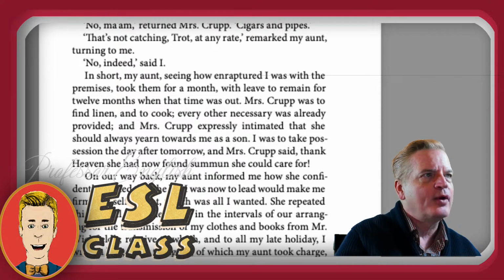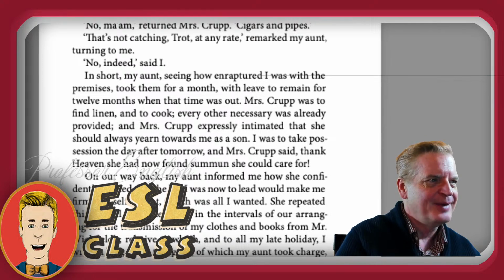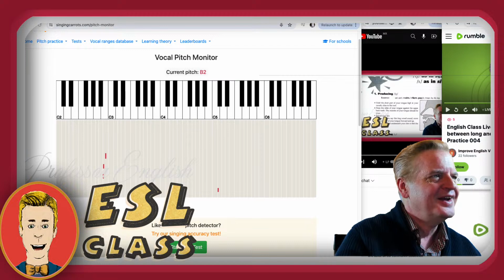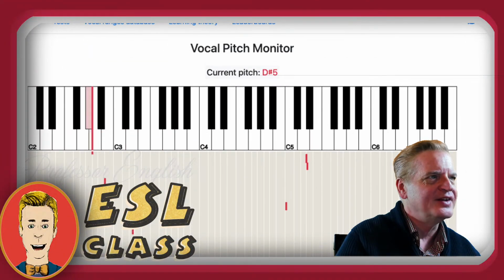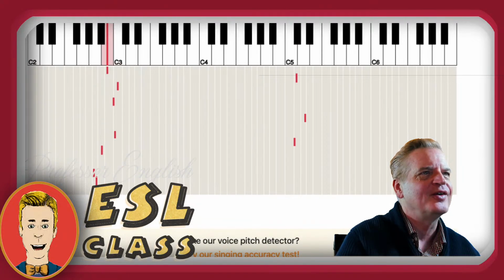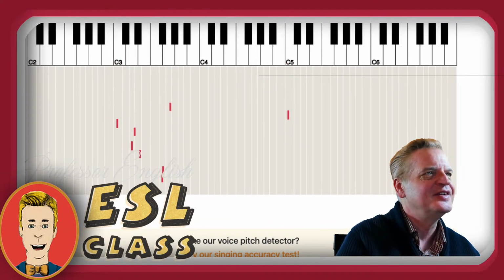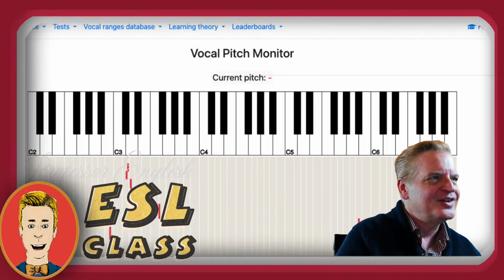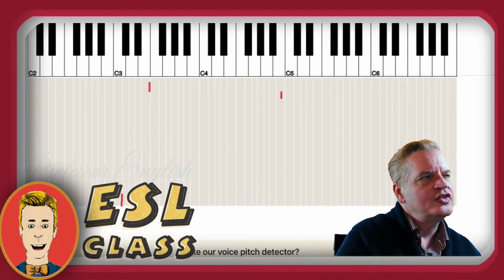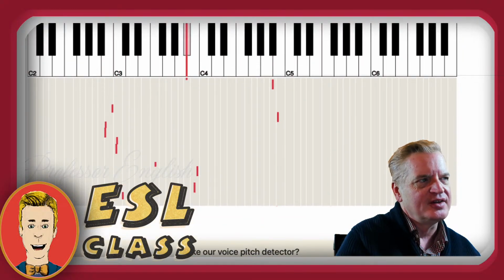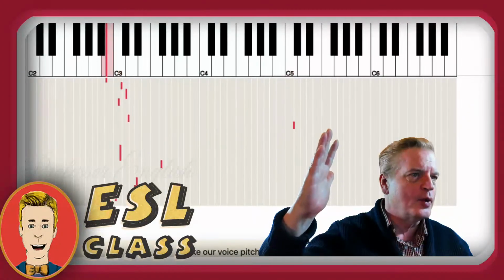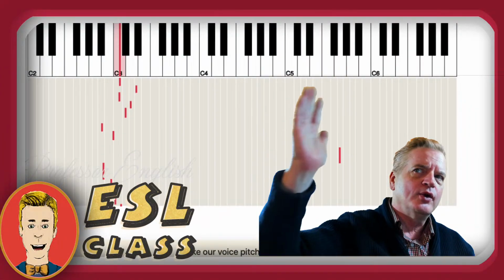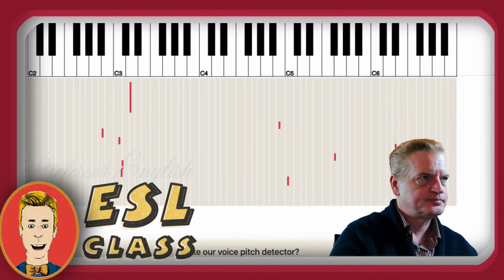And I propose, I've never done this before, so maybe it's annoying, but we'll see. So I think that we're going to use this, this is from a website called singingcarrots.com. And so I'm using this to show where my tone is, where my pitch is. So on the left, that's lower, and when you go to the right, that's higher.